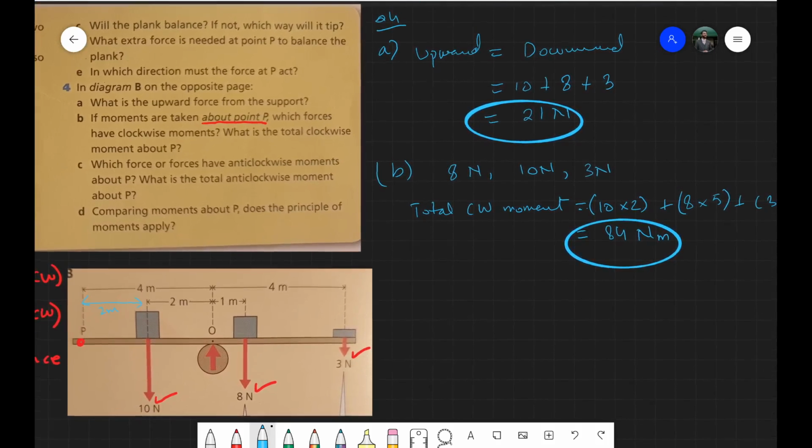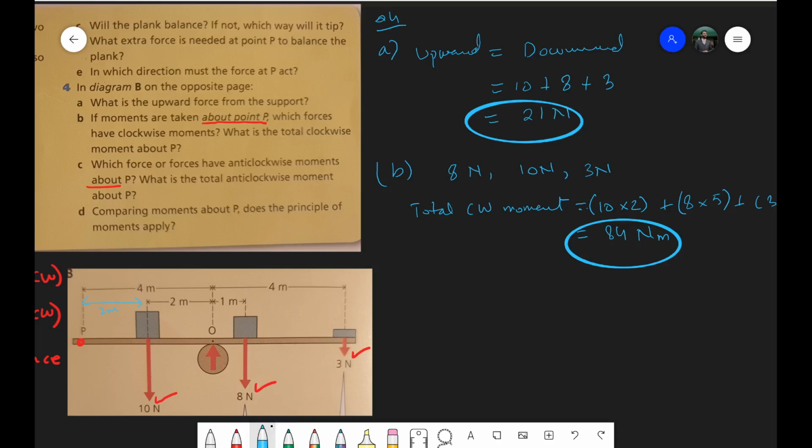Part C asks which forces apply anti-clockwise moment about P. Again, if you take P as the pivot, which force is applying the clockwise moment, the anti-clockwise moment? And by looking at the diagram, it's pretty clear that this is the force. This force at point O is the one which is going to apply an anti-clockwise moment.